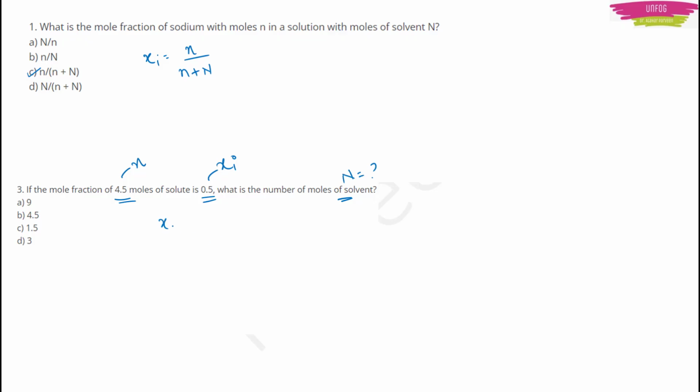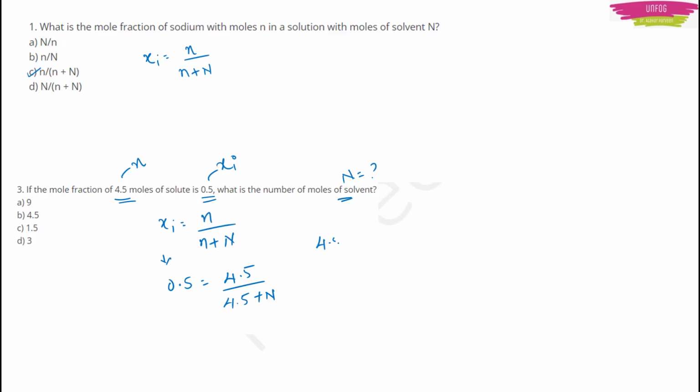Now you know that Xi is equal to small n upon small n plus capital N. Xi is given as 0.5. This will be equal to small n, which is 4.5, upon 4.5 plus N. Now you can easily find N, right?